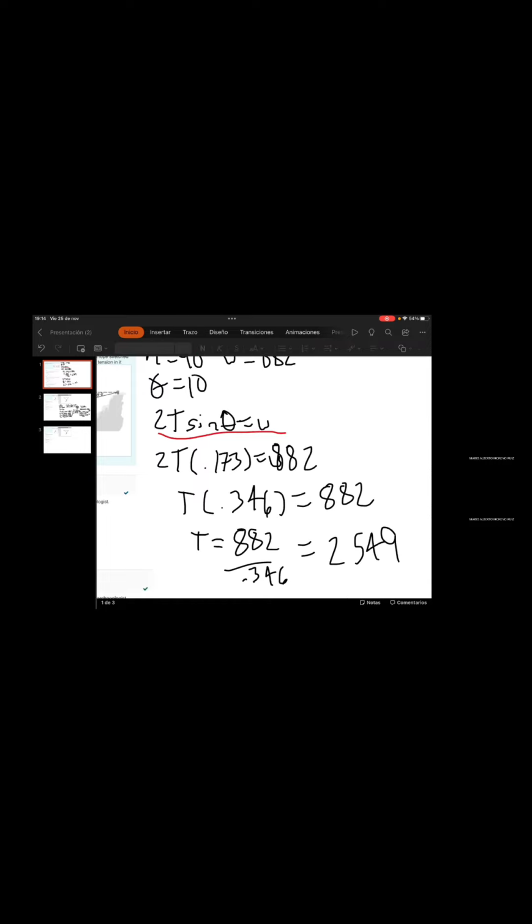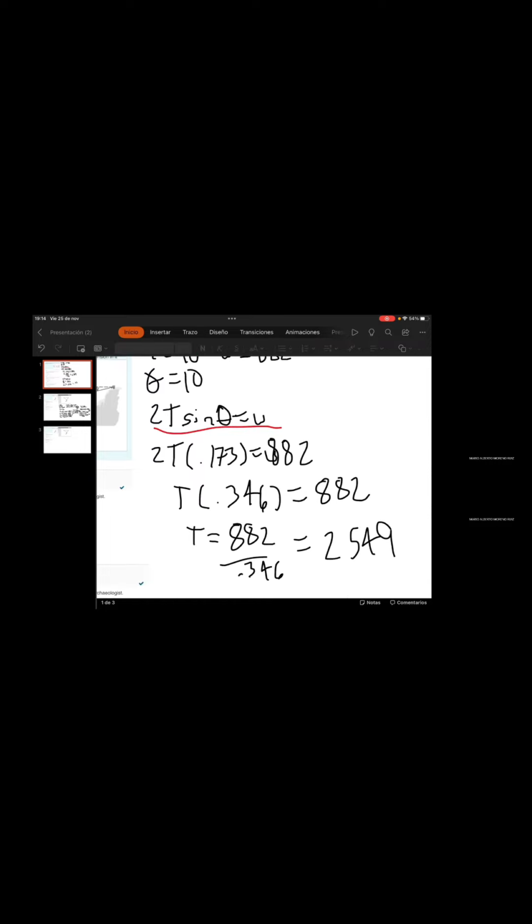We are going to solve with what we have, that is the sine of 10 and the W, and then we are going to multiply the 2 times the 1.73, that is the sine of 10, and we will divide, and we are going to get 2,549. That is rounded, is what we have right here.